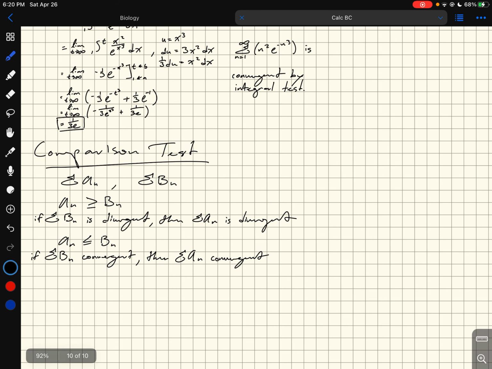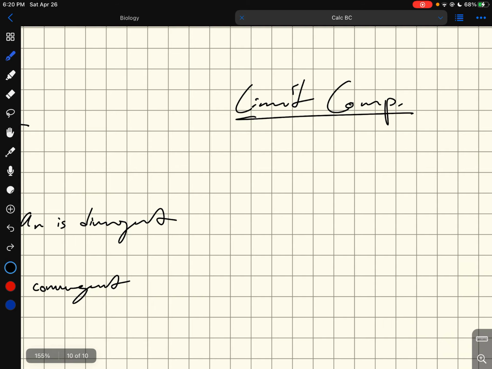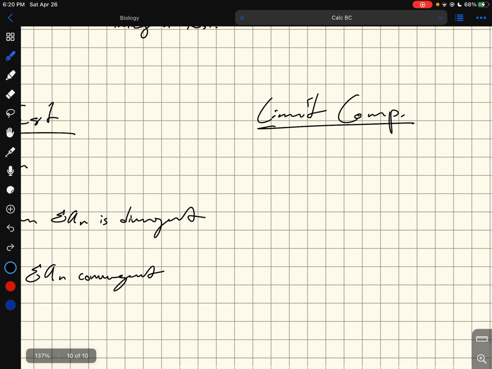And then we have the limit comparison. It's very similar to the comparison test, except this time you're taking the limit of these two series. Or sequences? Sorry, I confused myself with that. In this case, these series have to be positive. They both only have positive terms.